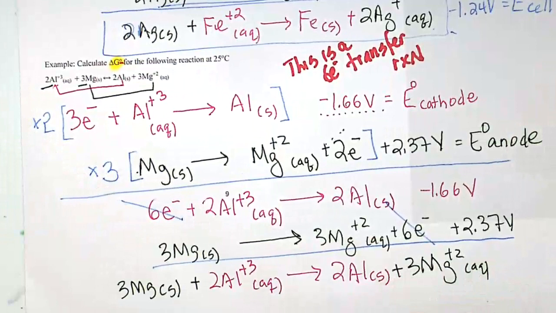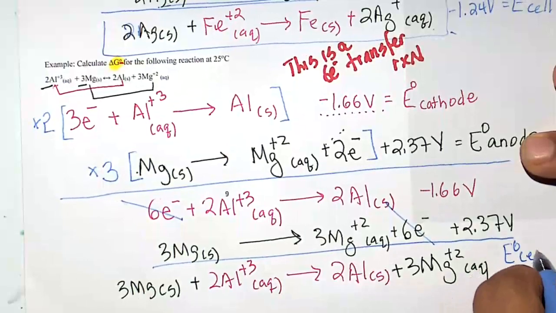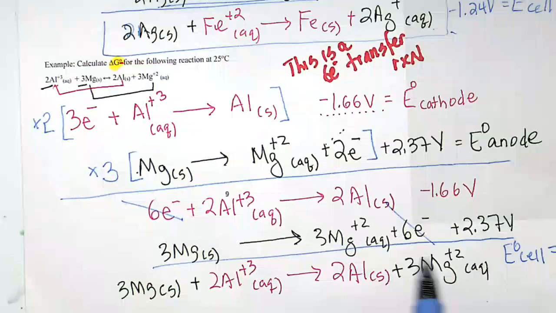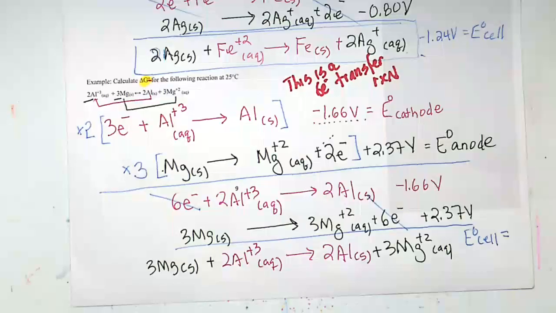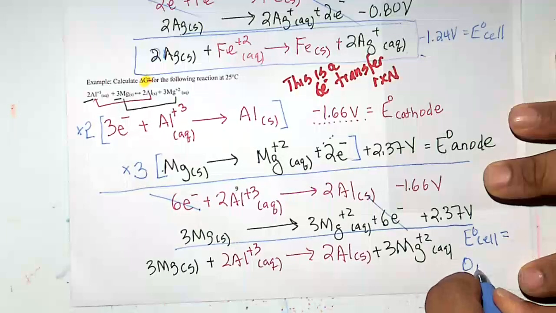Okay, we add these two reactions, we add their voltages, and I'm going to call this E cell because it's the anode and the cathode coming together to give you the battery. And what's minus 1.66 plus 2.37? It should be 0.71.